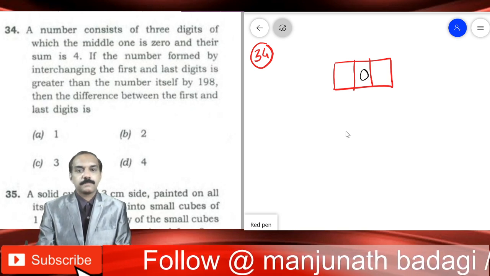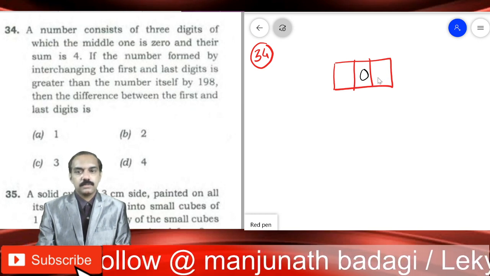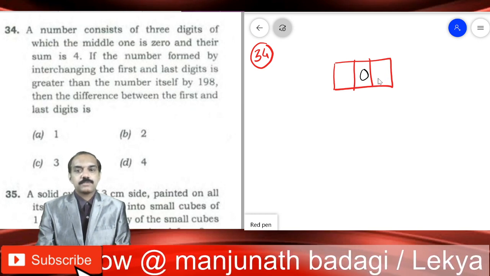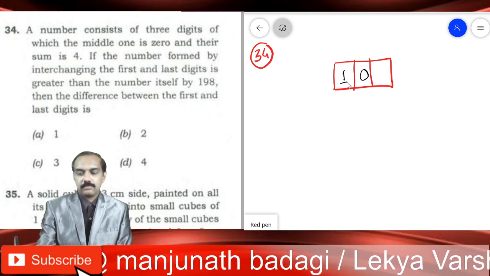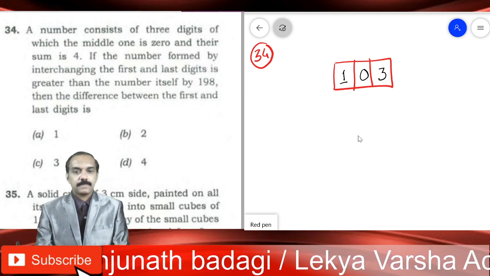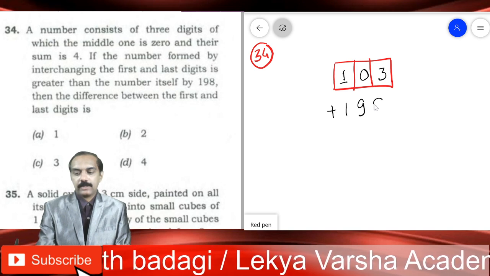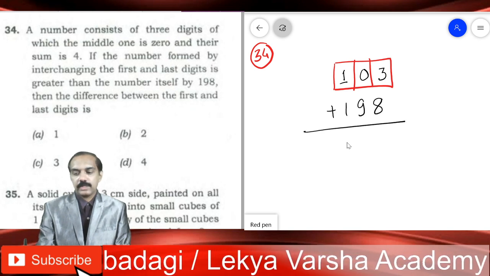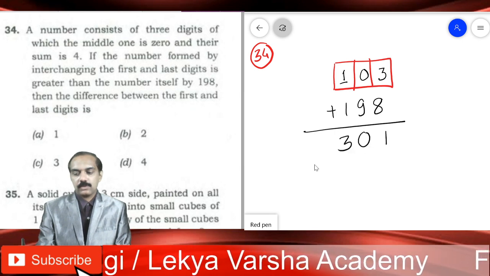Not only that, the first and the last digits sum to 4. So if I write here 1, automatically this will be 3 because 1 plus 3 is 4. And if you add 198 to this, how much will you get? 8 plus 3, 11, 301.